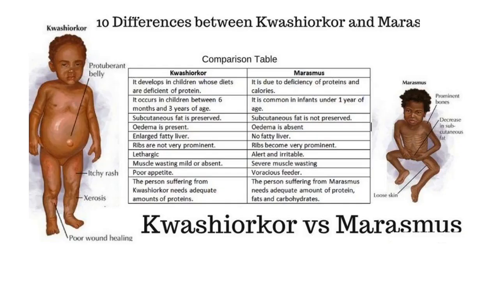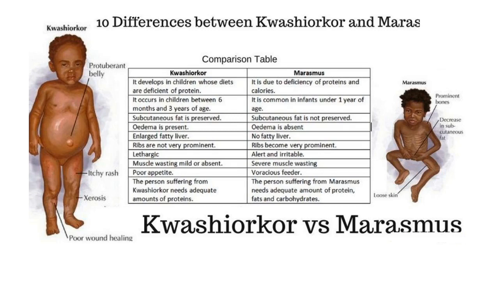If we compare the clinical signs of marasmus and kwashiorkor, in marasmus we can see low fat, and no edema in the first two stages, mild and moderate. In severe, we can see localized edema. In case of kwashiorkor, we can see edema of different grades.